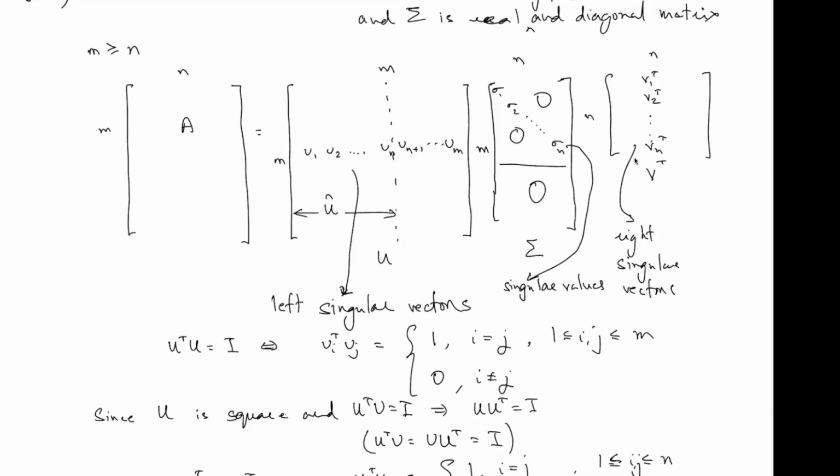In many cases you only need to use the thin SVD. But whenever you are doing it, make sure you realize which one you are using, because in some cases UU transpose is equal to identity, and in other cases it may not be.